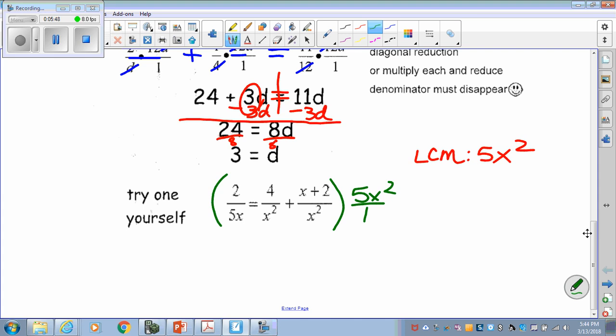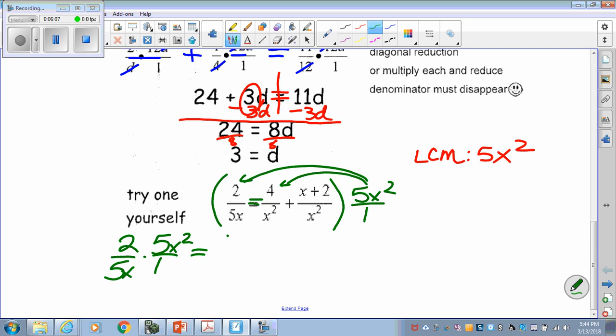So I'll split it up, so I have 2 over 5x times 5x squared over 1, and then I have my equal sign. So I distributed that. And now I'm going to multiply this.